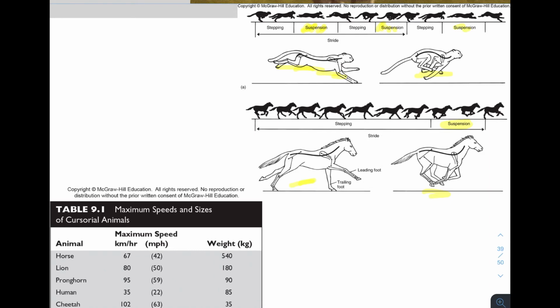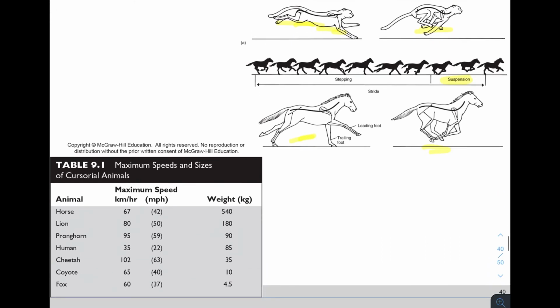limbs hitting the substrate. The other thing we want to do in this table down here is look at the speed of these different fast animals and compare them. So we want to look at, for example, the horse, and we can use miles per hour since we're probably more comfortable with that, at 42 miles per hour, it being the heaviest on this chart, so 540 kilograms.